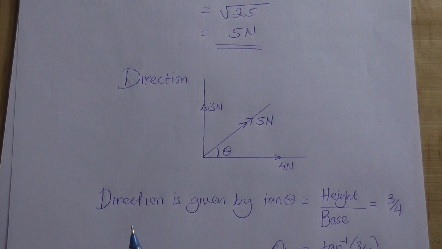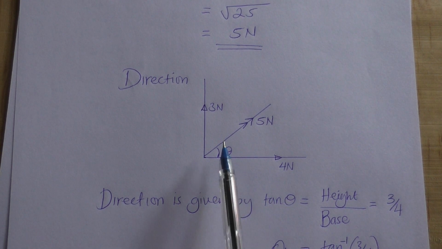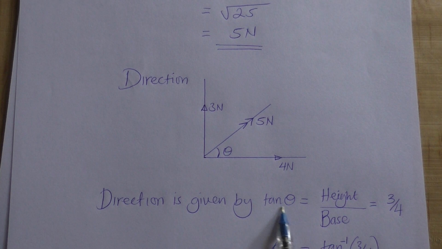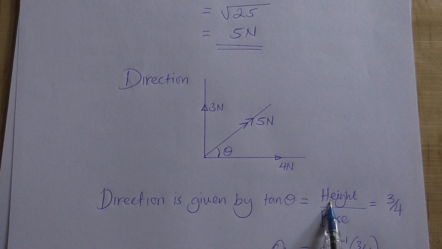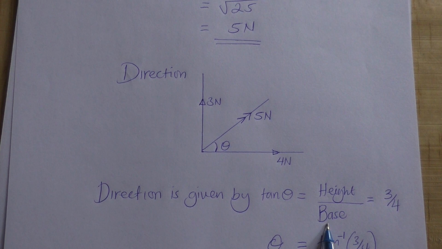of the resultant force is given by the tan of the angle the resultant makes with the horizontal, and that tan theta is given by the vertical component, which we are calling the height, over the horizontal component, which we are terming the base.